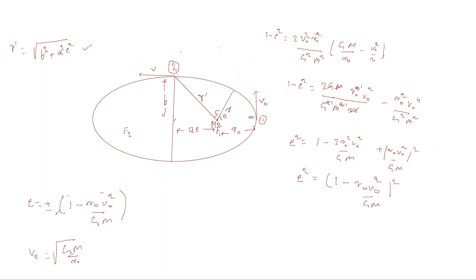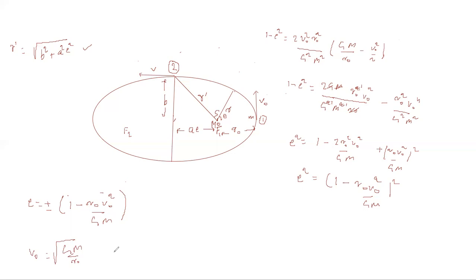But if V naught is greater than this value, then the eccentricity becomes negative. So we'll have to choose a negative sign in order to arrange for that case.